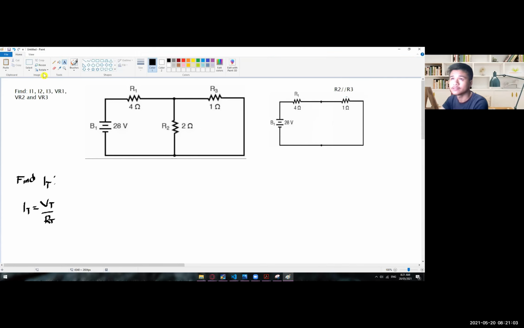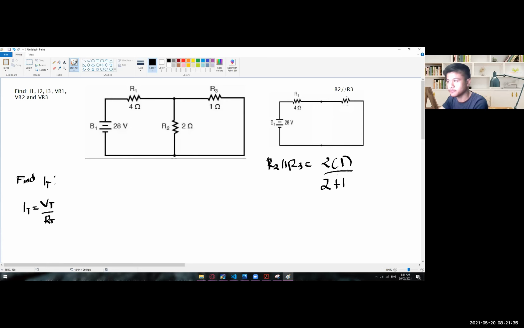This one now is not 1 ohm anymore. For us to get the value of R2 and R3, we need to solve for that. R2 parallel to R3, wherein we only have two resistors, so we can use this formula: 2 times 1 divided by 2 plus 1. Am I correct?